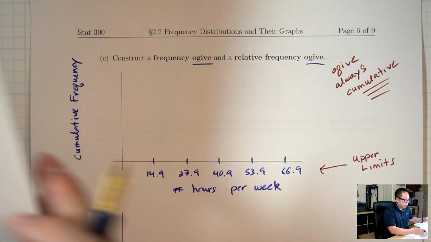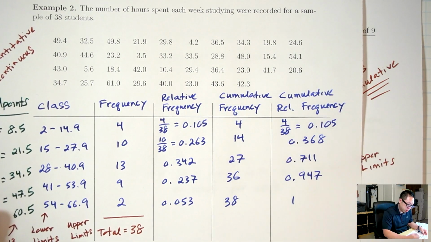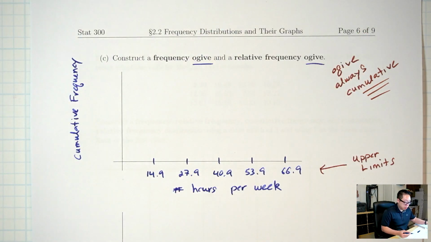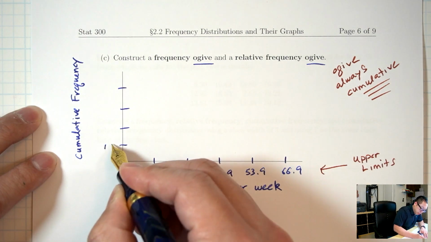So my cumulative frequencies is this column here. So 4, 14, 4 in the low end, and then it goes all the way up to 38. So I think I'll count by tens here. So 10, 20, 30, 40.